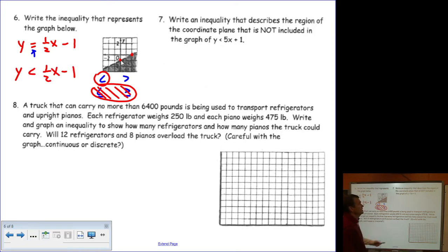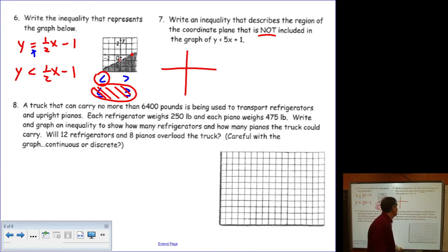All right. Number 7, write an inequality that describes the region of the coordinate plane that is not included in the graph. So, for instance, if I took this and I graphed it, it might look something like this. Except it would be a dashed line. There we go.